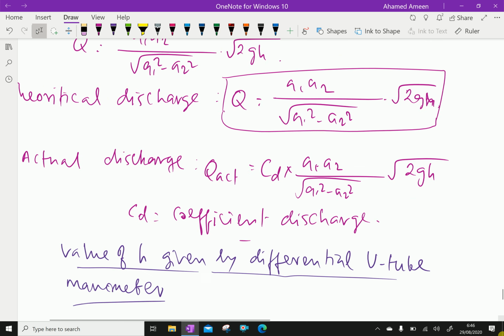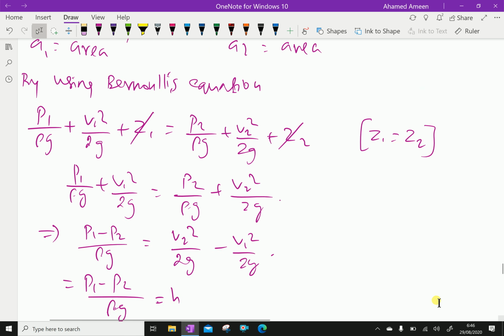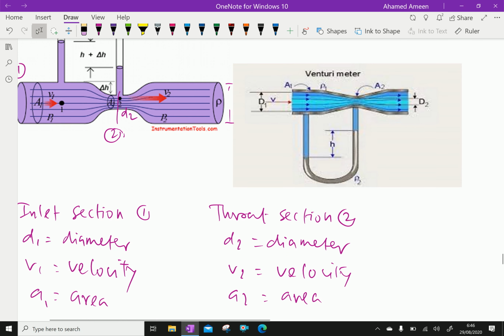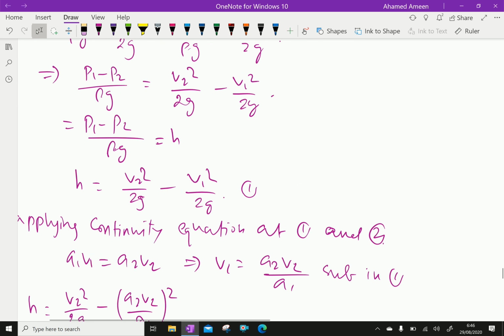Look at this figure here. The Venturimeter is fixed with a differential manometer. The reading is given by this Venturimeter differential manometer. By using this H, we can find the flow through the Venturimeter.